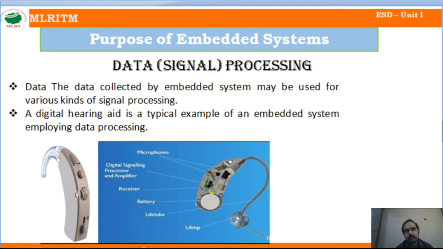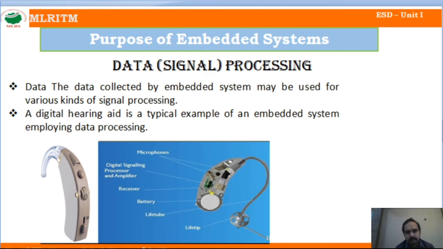So the microphone will pick up all the sound in the surroundings, and it will process it. The digital signal processor inside that hearing aid will process and amplify, increasing the amplitude of the voice. Then it will be given to the live tip. So live tip consists of what?